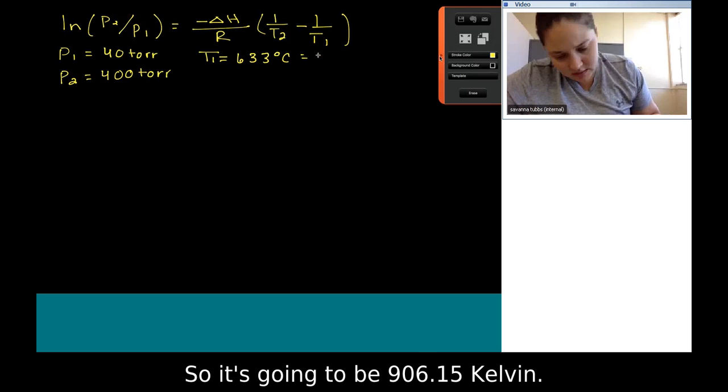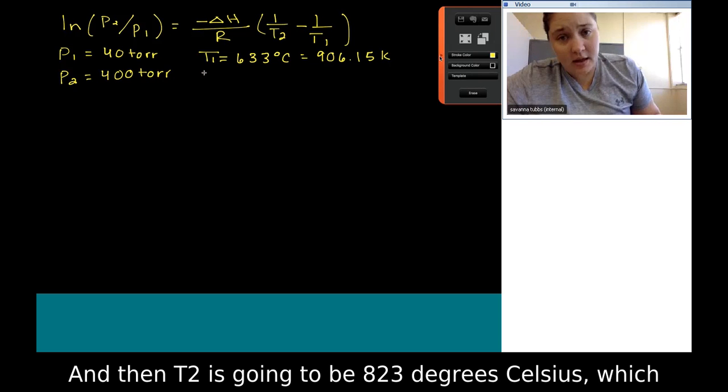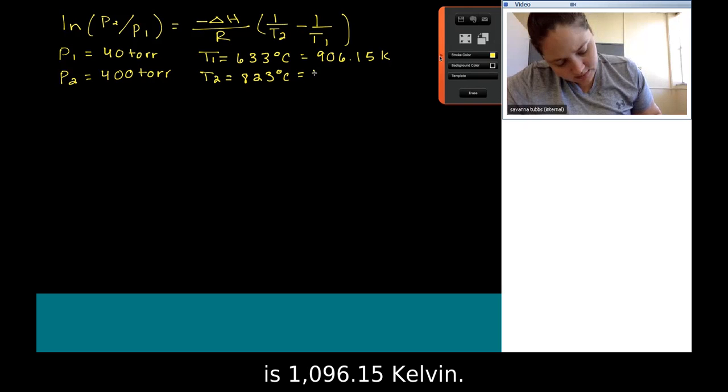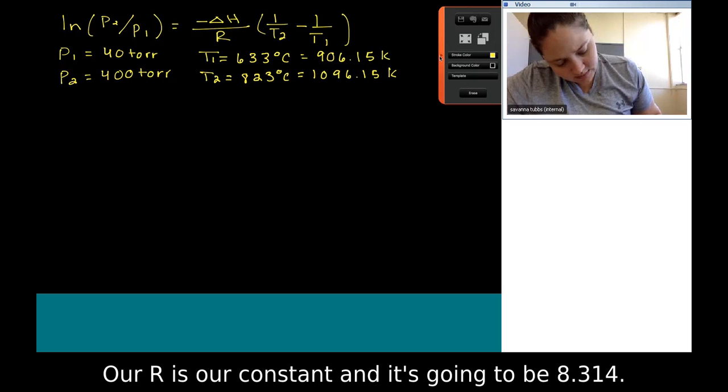So it is going to be 906.15 Kelvin. And then T2 is going to be 823 degrees Celsius, which is 1096.15 Kelvin. Our R is our constant, and it's going to be 8.314.